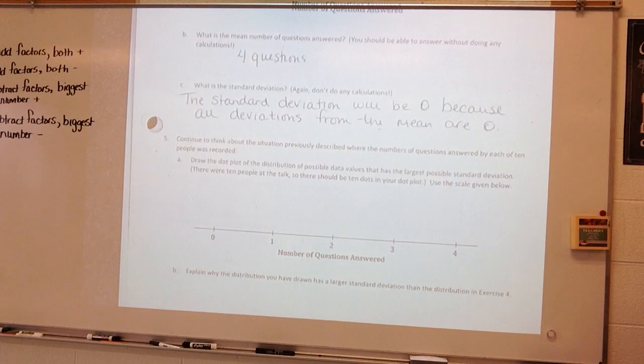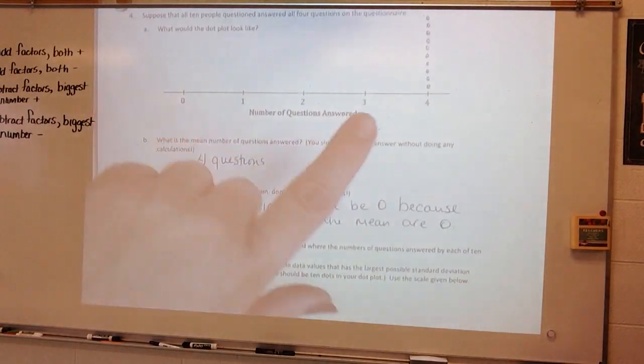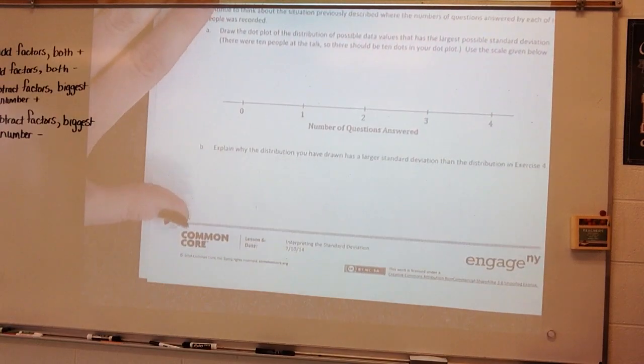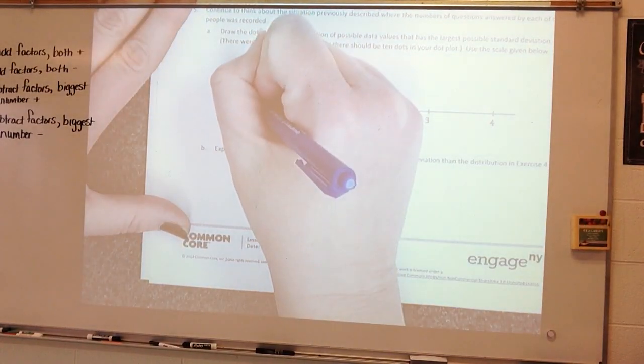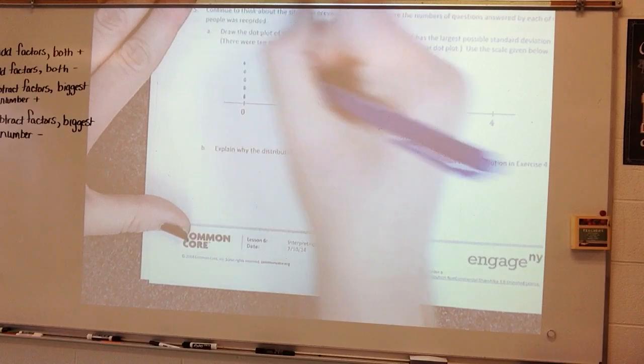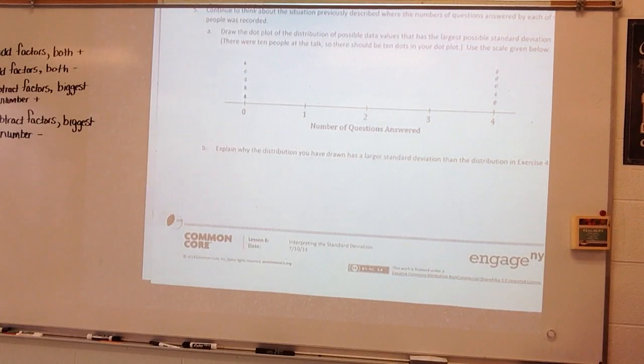We want to know, where am I going to get the greatest standard deviation? To get my largest standard deviation, that means I'm going to have 5 people answer 0 questions, and 5 people will answer all 4 questions.